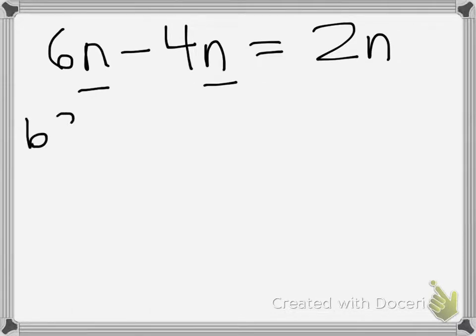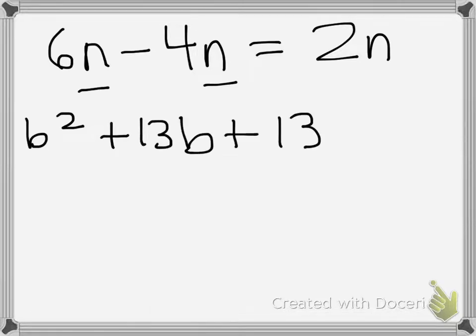Another example, b squared plus 13b plus 13. We have a b and then another b, but notice this has an exponent of 2, and if there is no exponent, like right here, then the exponent is considered to be a 1.